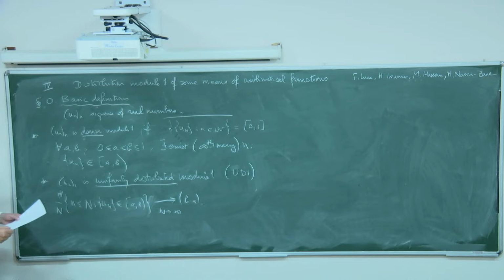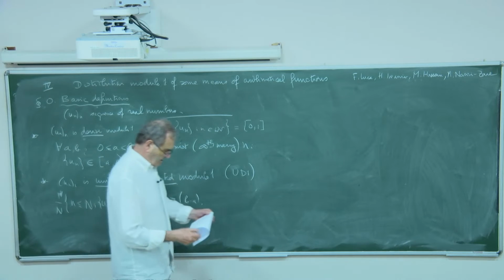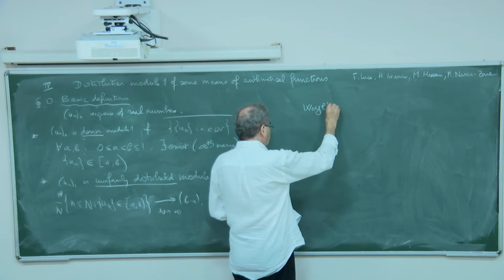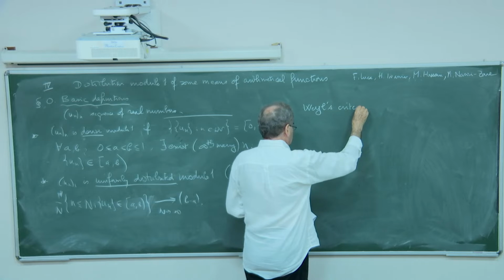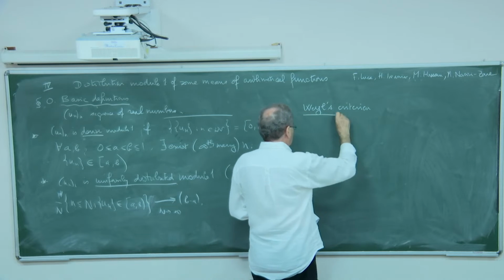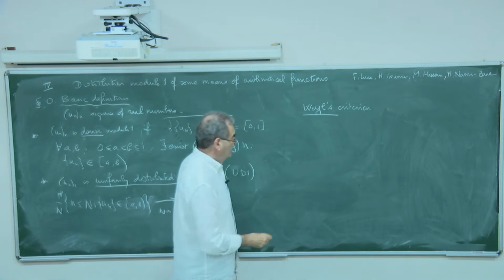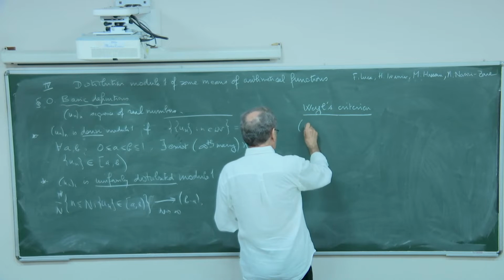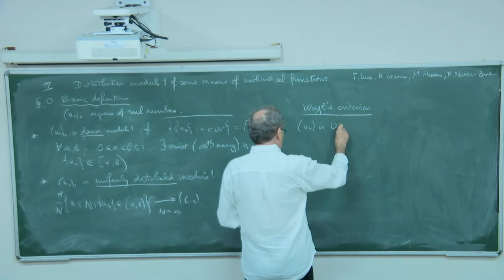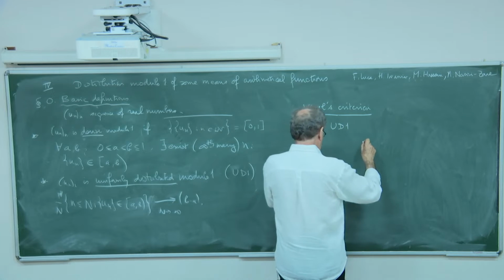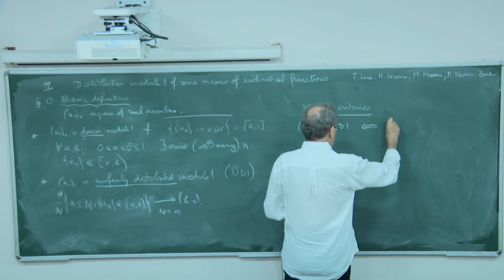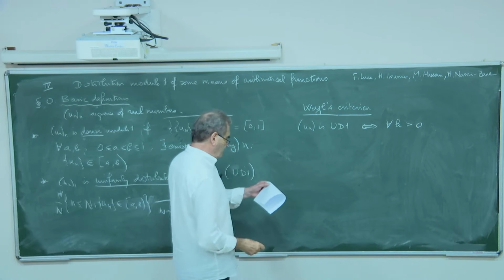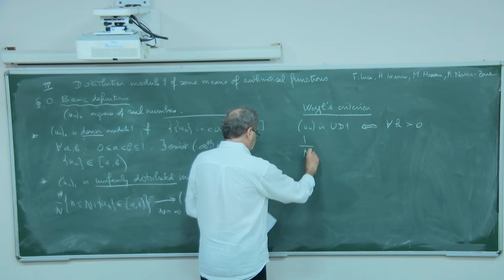And we mentioned something in May, which is Weyl's criterion, 1916, which tells you that u_n is uniformly distributed mod 1 if and only if for any positive integer k, you have the following: 1 over N, the sum of exponential 2 pi i k u_n, tends to 0 as N tends to infinity.